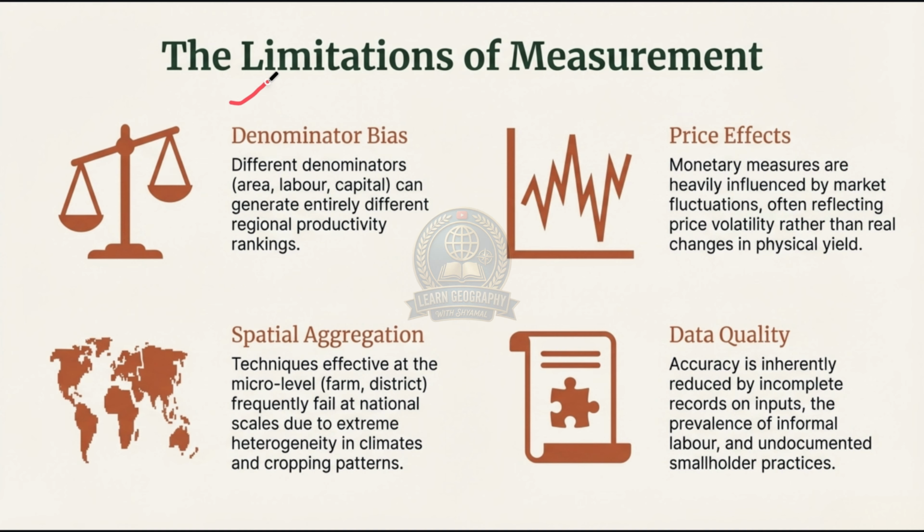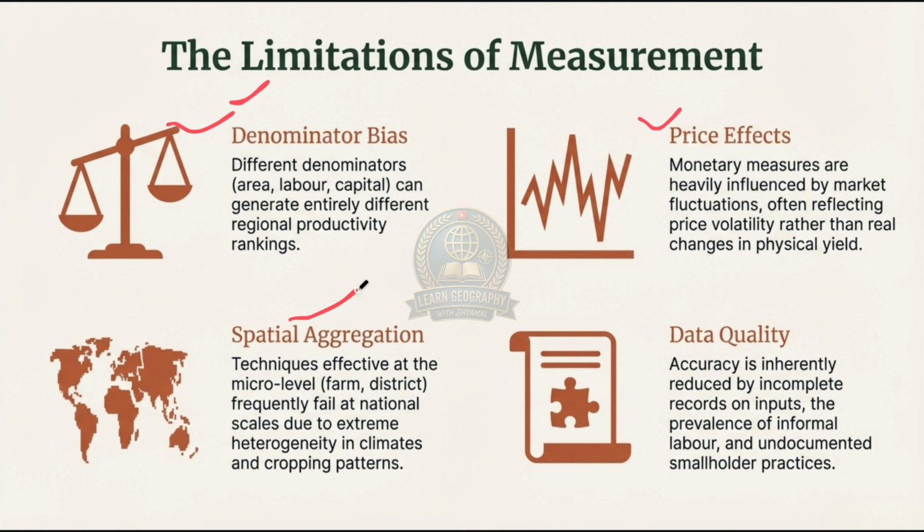The limitations of measurement. Denominator bias. Different denominators, area, labor, and capital, can generate entirely different regional productivity rankings. Price effects. Monetary measures are heavily influenced by market fluctuations, often reflecting price volatility rather than real changes in physical yield.